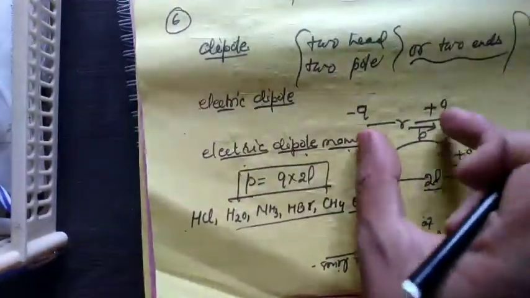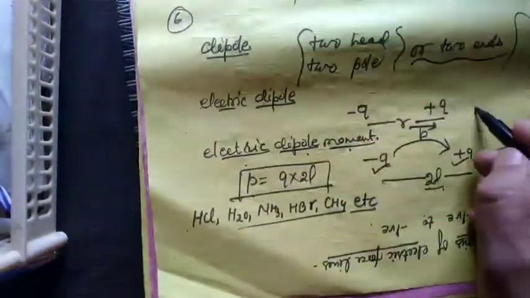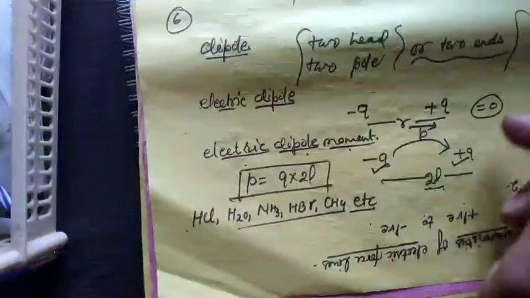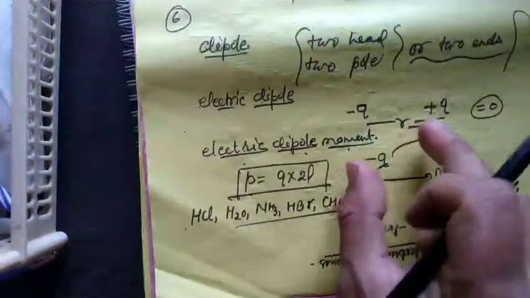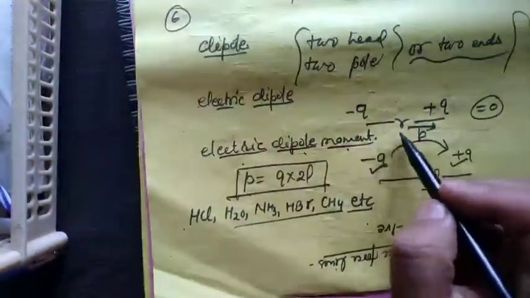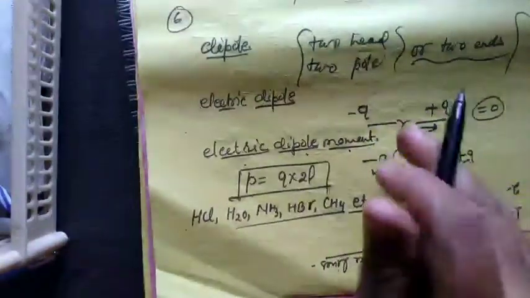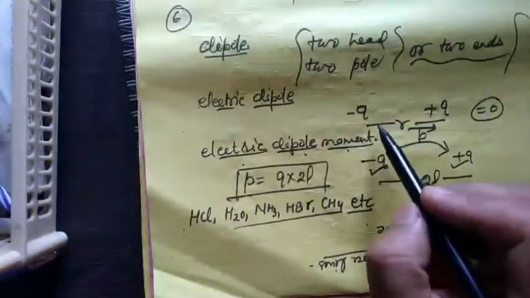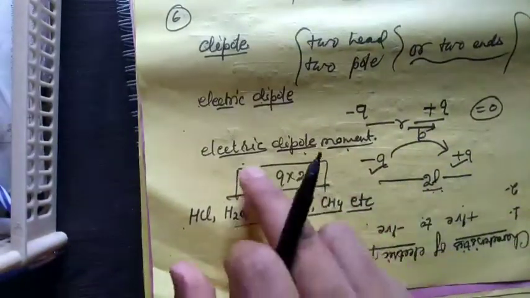Here we have two charges, minus q and plus q. The total charge is 0. But when they are placed in an electric field and separated from each other, the product of either charge and the small distance 2l is called the electric dipole moment.